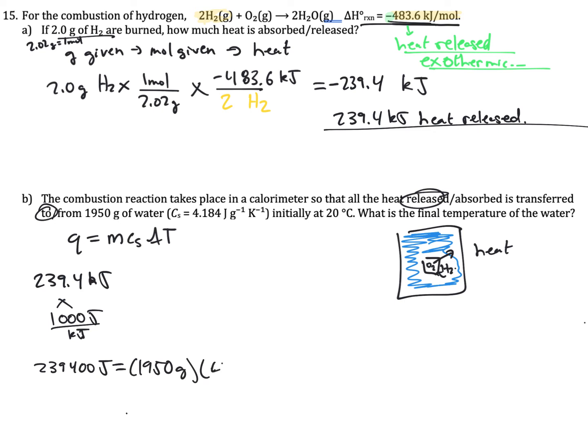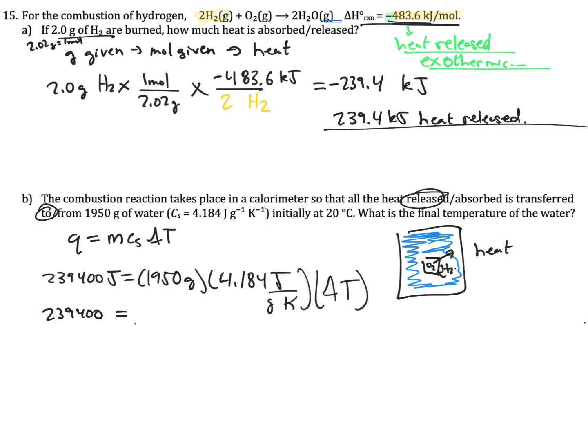times 4.184, the heat capacity, joules per gram Kelvin, times my delta T. That's what I'm going to solve for. So when we multiply this out on the right-hand side, we get 8158.8 times delta T, and then divide both sides by that 8158.8 to get delta T by itself.